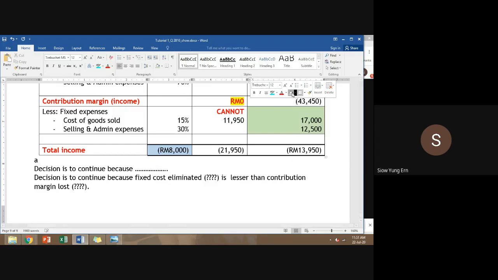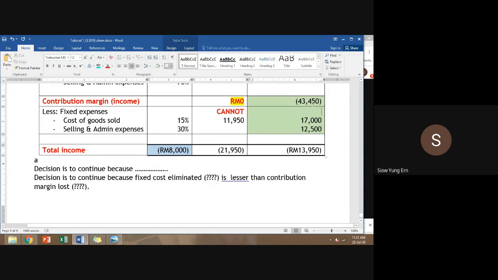Remember, class, do not look at your positive negative sign, just look at the numbers. This is 29,500. This is even bigger, 43,450. Okay, so that is your decision. So you can write either one, class.